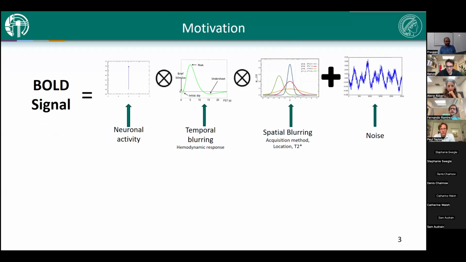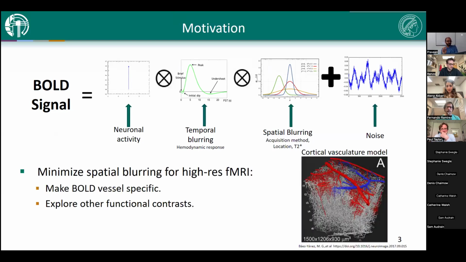So as you know, we all want to detect neuronal activity, but we usually detect the BOLD signal, which is temporally and spatially blurred because of our biological neurovascular coupling, like hemodynamic response functions, and acquisition methods like gradient echo, spin echo, different acquisition modes, and imaging parameters. So as layer fMRI and high resolution fMRI people, we want the BOLD effect to be contained within our image voxel.